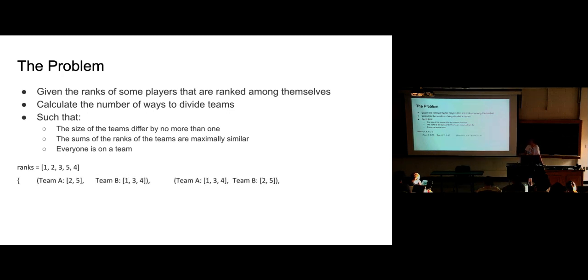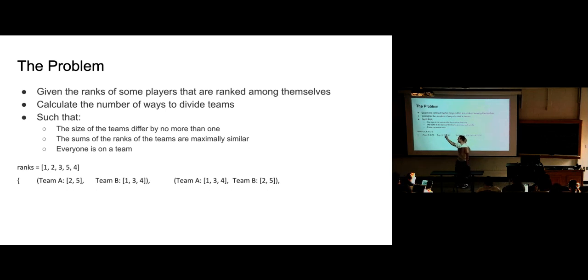And so the solution, as I've written it out here, is just a list of the different teams we could make. So we could put 2 and 5 on team A and 1, 3, 4 on team B. That gives 7 on team A and 8 on team B. It turns out, you could probably see, that's as close as we can get. The requirement is that the sums of the ranks of the teams are maximally similar.